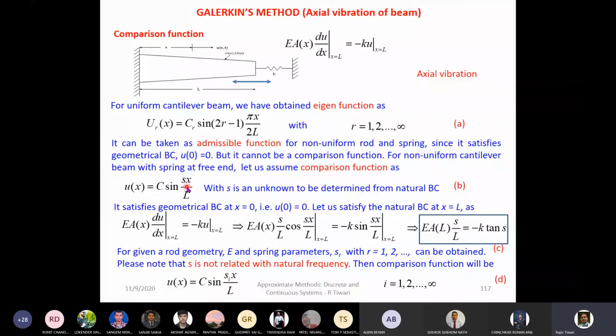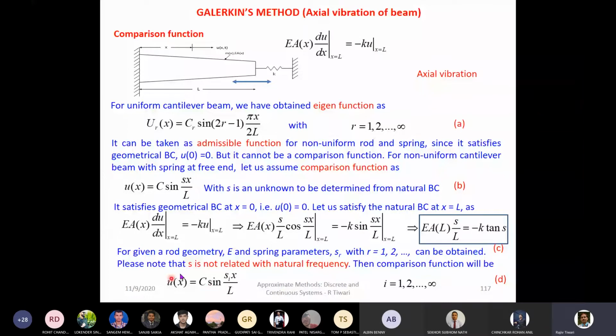So for S1, we'll have one comparison function. S2 will have another comparison function. S3 will have another comparison function, because these S1, S2, S3 have been obtained after satisfaction of the natural boundary condition. So all those S values which we have got from this equation will satisfy the natural boundary condition. That means for all those values, this will be the comparison function for us.